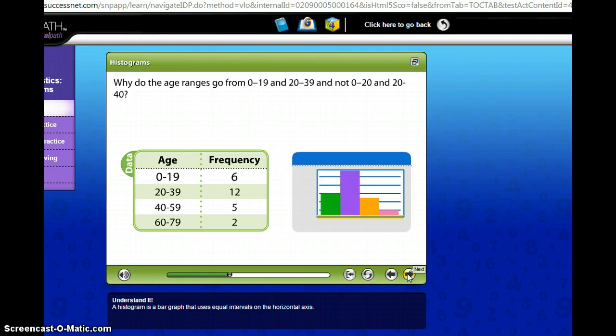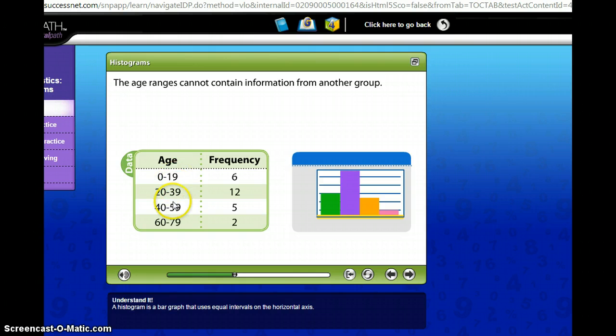Why do the age ranges go from 0 to 19 and 20 to 39 and not 0 to 20 and 20 to 40? The age ranges cannot contain information from another group. Okay, so what he's saying is you can't have 0 to 20 and then start here with 20 to 40.